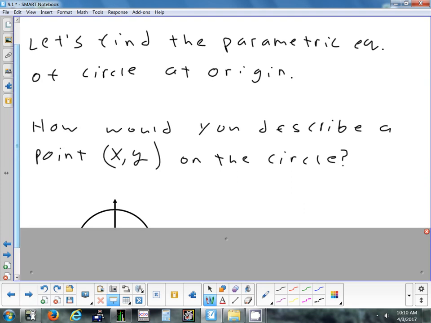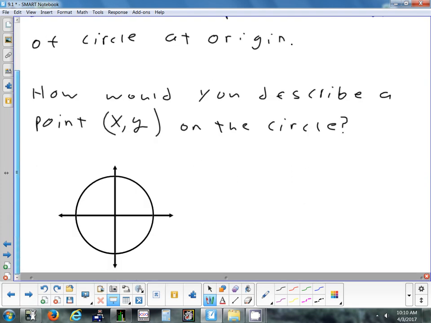Totally separate. So, if we had a coordinate or a point, just on that circle, what would I have to draw on that diagram so that I could start to think about the x and the y as totally separate things?